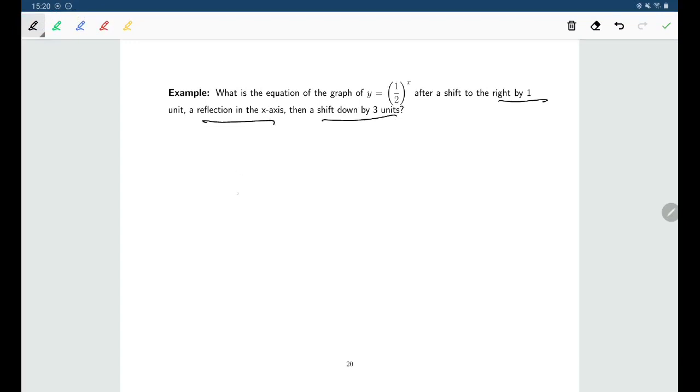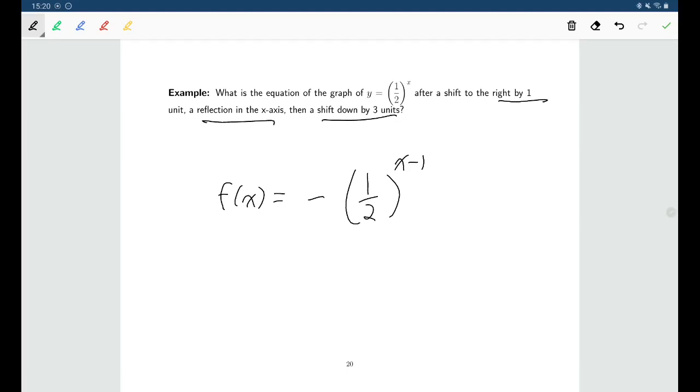So if I were writing that equation, I would say number 1, we have half to the power of x minus 1, that's our shift to the right by 1. Reflecting it in the x-axis, that's a negative in front. We're multiplying this entire function by negative 1.